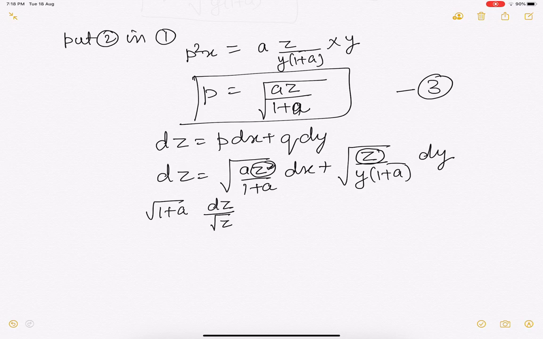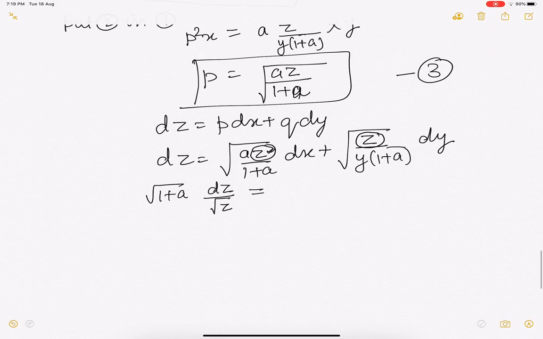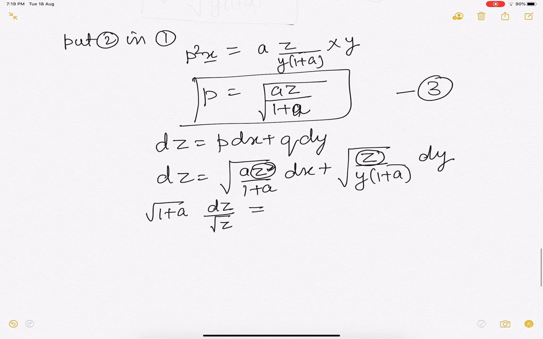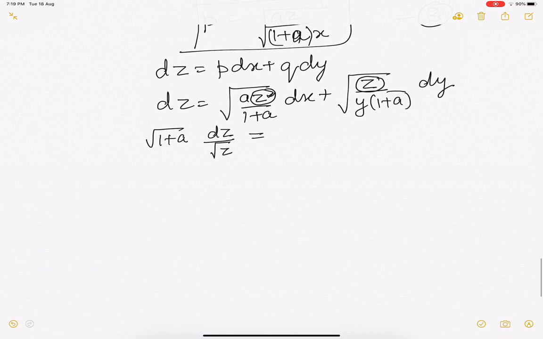So we have dz upon root z is equal to, so students, we have this x here, we left this x, so we have value of p as root of az upon x(1 plus a).